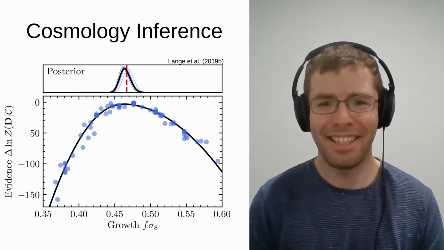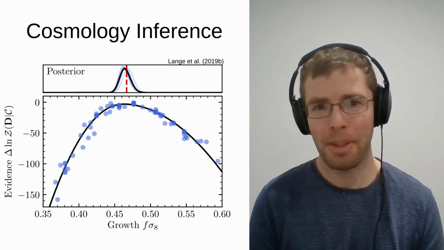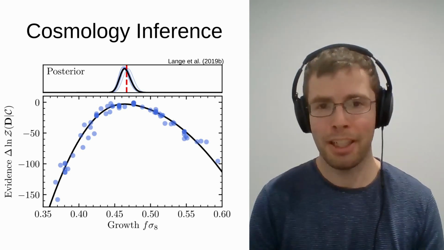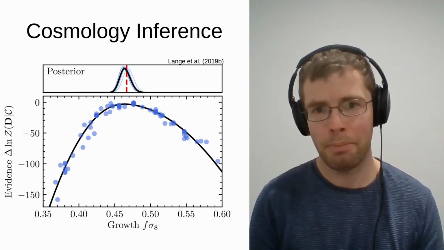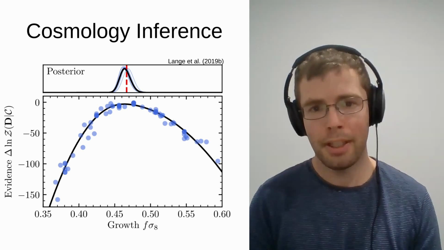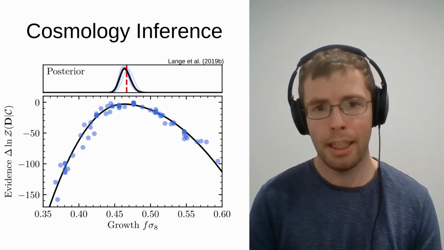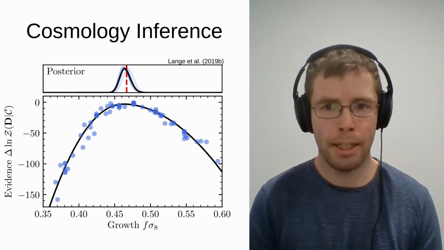Before actually applying all this to the real data, we performed tests on detailed mock catalogs to ensure that our analysis pipeline yields unbiased results. In this case, we created mock galaxy catalogs by taking the unit simulations and applying subhalo abundance matching to them.